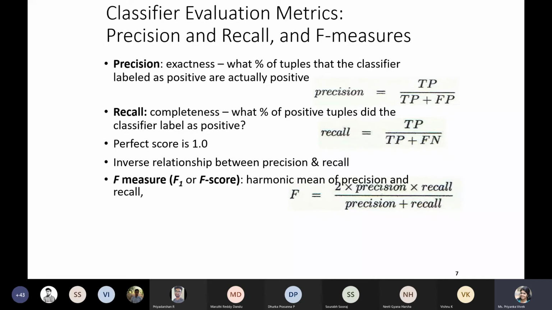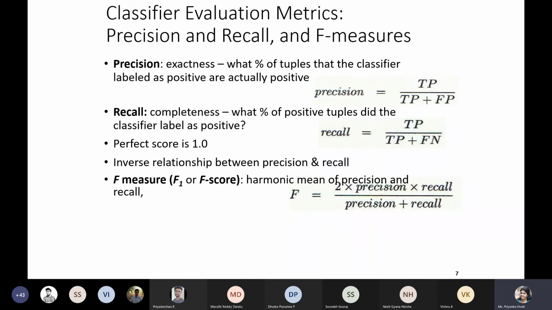And what is recall? Recall is the percentage of positive tuples the classifier labeled as positive. Why is the numerator and denominator like this? True positive plus false negative. Positives we can of course identify. What is a false negative?